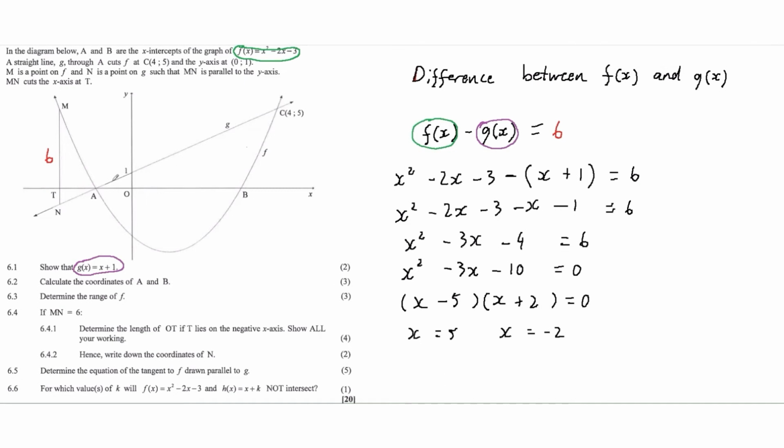We've got two x coordinates here, a positive and a negative x coordinate, and we want a negative x coordinate. So we know that our x coordinate of T is negative 2, which means that the length of OT from O to T is just going to be 2 units.